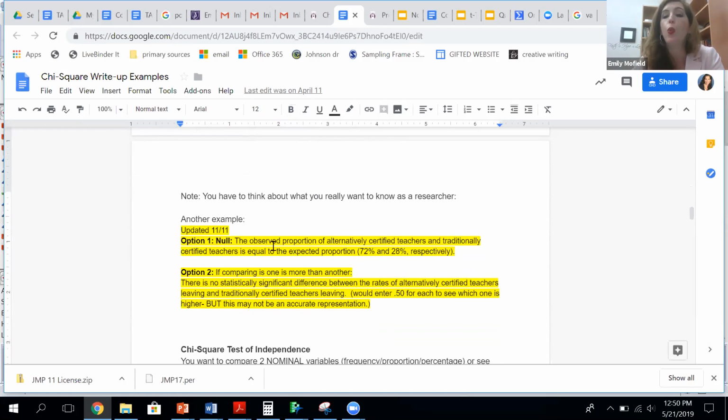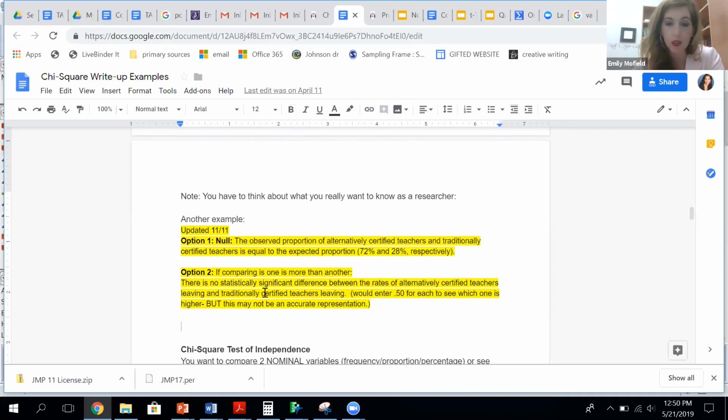So for this one group that I've been working with, the observed proportion of alternatively certified teachers and traditional certified teachers is equal to the expected proportions. That's a different way of writing it based on what they were doing, because they think that theirs are different. That would be their alternative hypothesis.